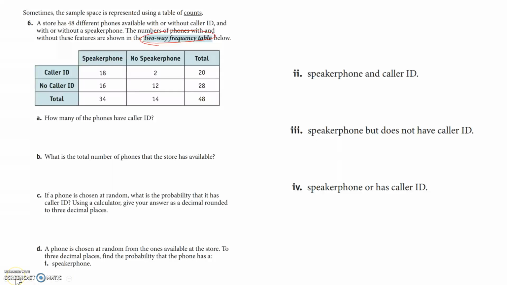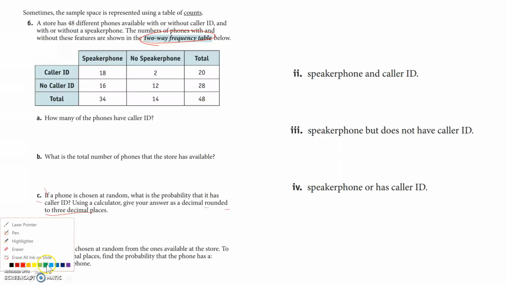One thing I do want to point out is when you get to C down here, they are going to want you to change these to decimals, and they want you to round those to 3 decimal places. 3 decimal places, remember, is the thousandths. Since once you get to C you are going to be changing these to decimals, you do not need to reduce the fractions. Once you write your probability down, just go ahead and do your division.